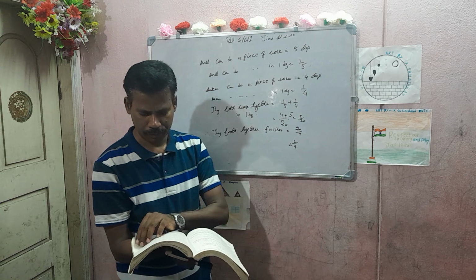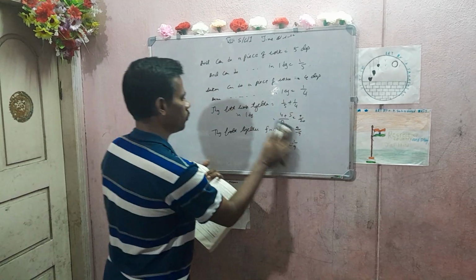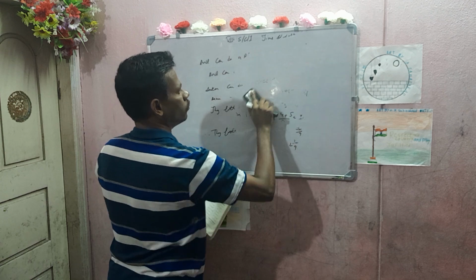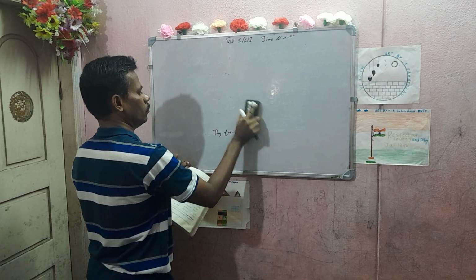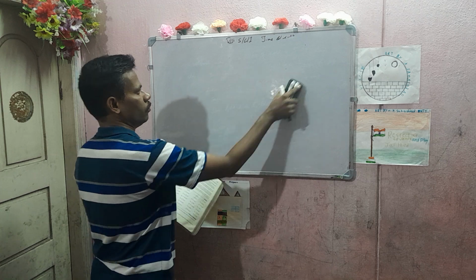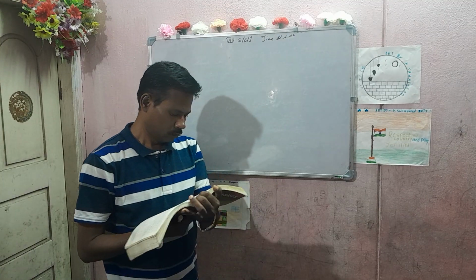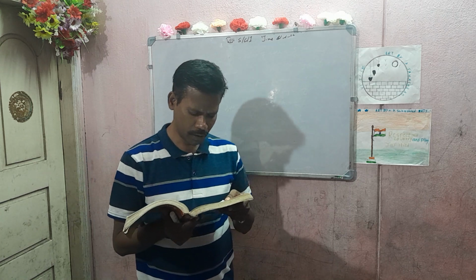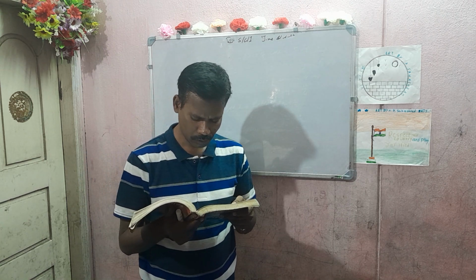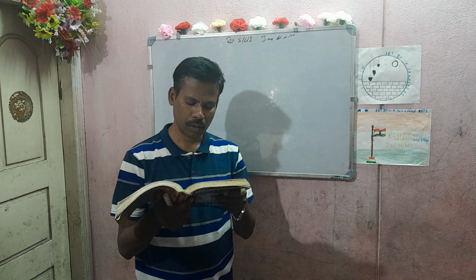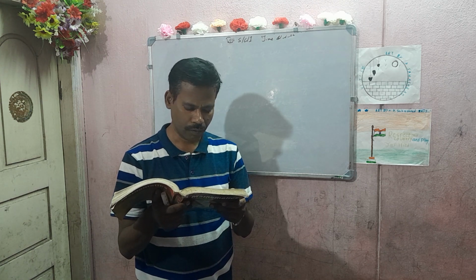Next problem. A and B can polish the floor of a building in 10 days. A and B both can polish the floor in 10 days. A alone can do 1/4 of it in 12 days.